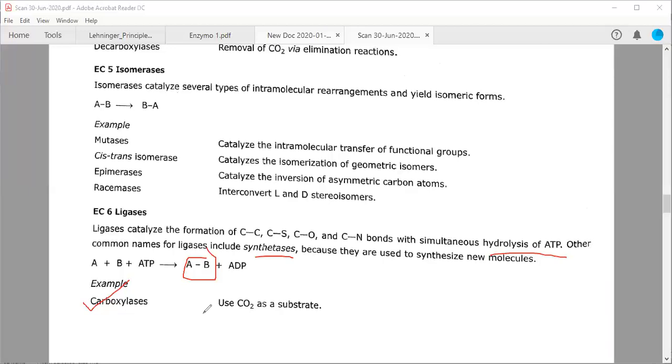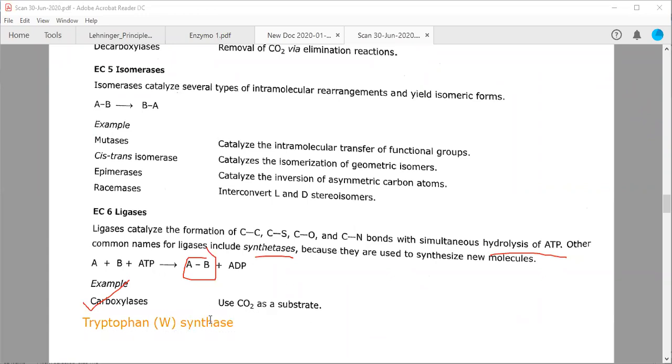Okay, so one important thing I want to discuss here. You need to note one name, tryptophan synthase. Tryptophan is an amino acid, and this is the synthesis reaction of tryptophan, denoted by W. So tryptophan synthase is not synthetase.